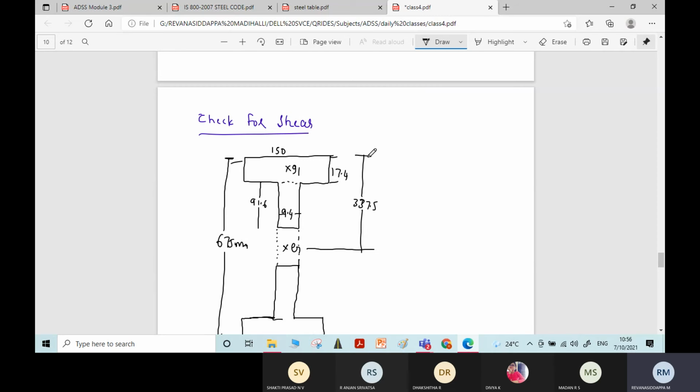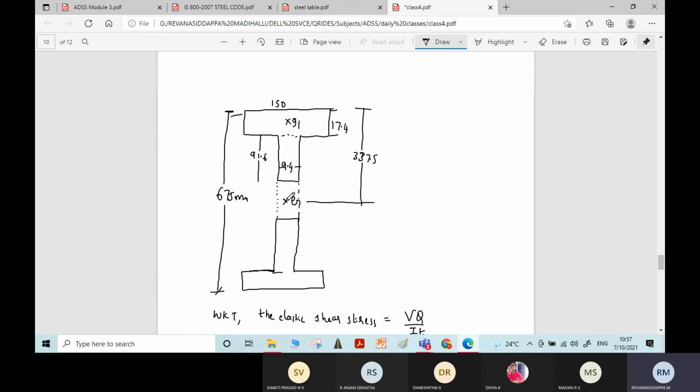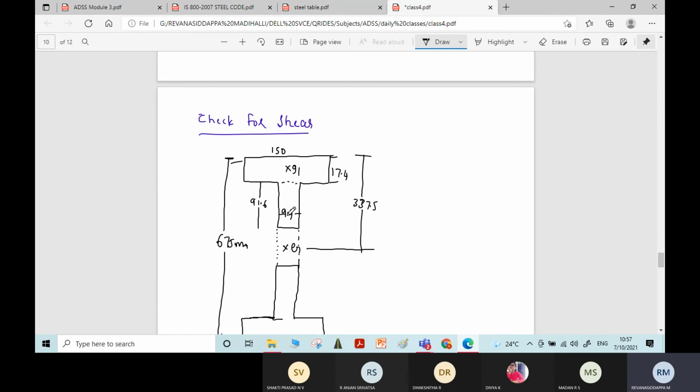Total 337.5 minus half of the depth, 17.4 by 2, will give the distance between the centroids. Therefore, it is 337.5 minus 17.4 whole divided by 2. So by doing this, you got A1 Y1.